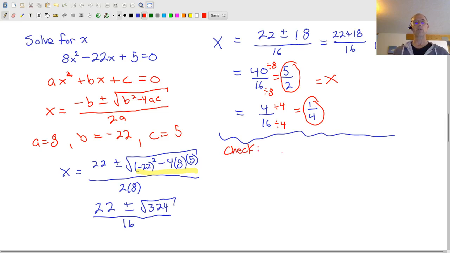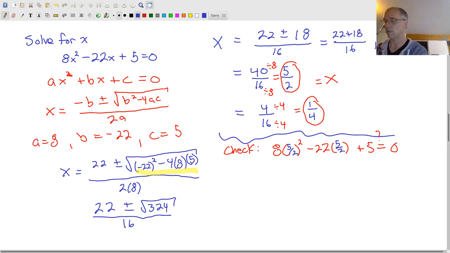So for a check, we rewrite the original equation with parentheses where an x was. And I'm hoping when I plug in a number, it works. So let's plug in the 5 halves first. So always write down what you're going to calculate before you calculate it, and then move over to your calculator.